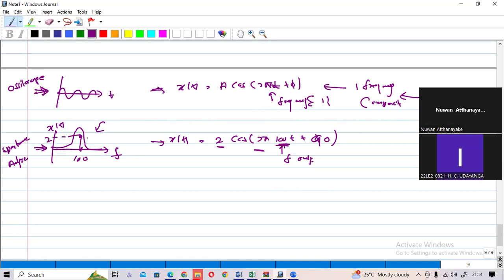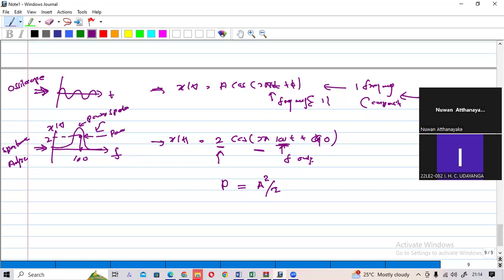Actually, the spectrum analyzer will not show this 2 volt, but it will show the power. Normally we have the power spectrum, not the voltage spectrum. So how to calculate the power of this sinusoidal signal? The power of a sinusoidal signal will be A square divided by 2.